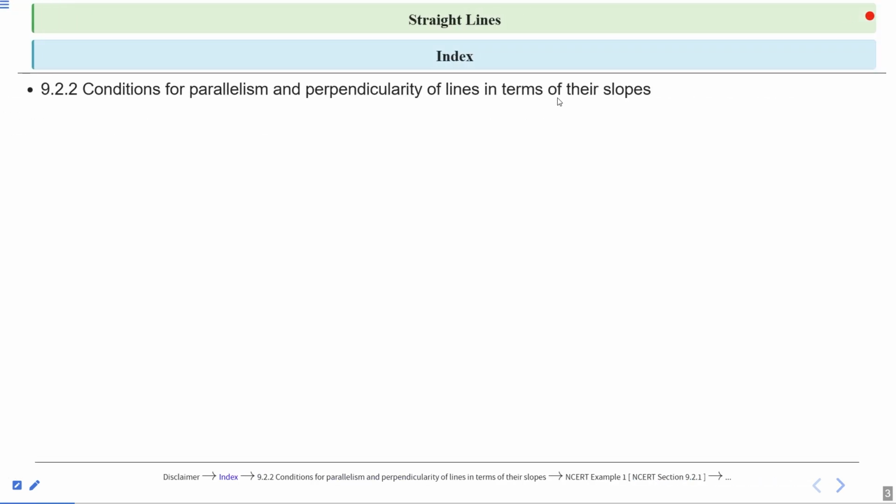In today's lecture, we will first discuss conditions for parallelism and perpendicularity of lines in terms of their slopes. Then we will discuss NCERT example 1, and then we will discuss the angle between two lines.